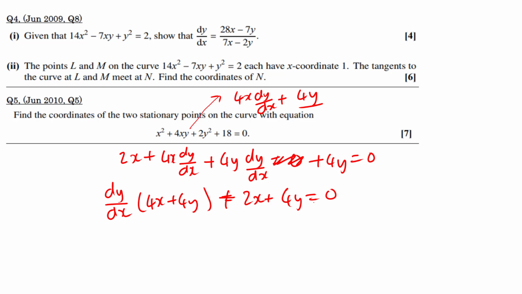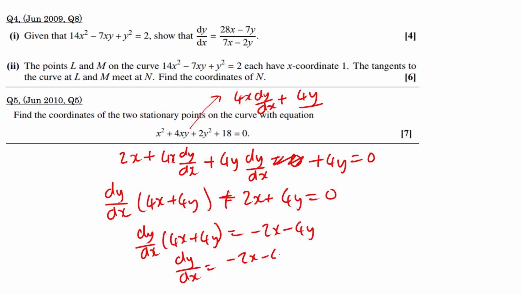Then you brought these two over to the other side, right? So you get dy/dx (4x plus 4y) equals minus 2x minus 4y. And then we divide out by that. dy/dx equals minus 2x minus 4y over 4x plus 4y.